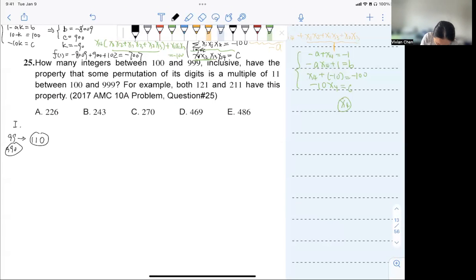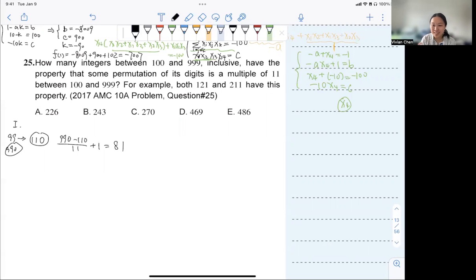So between these, you do this minus this, divided by 11, plus 1. This gives you 81. So you know that there are 81 numbers that are multiples of 11 within this range.